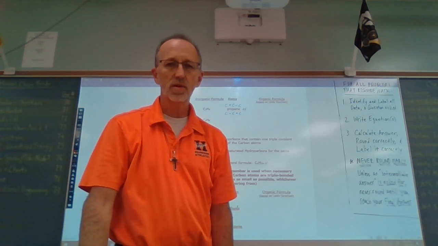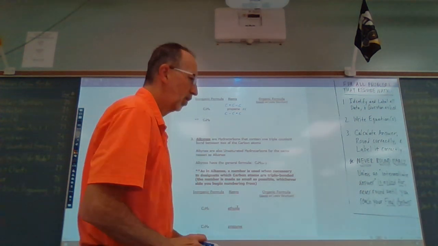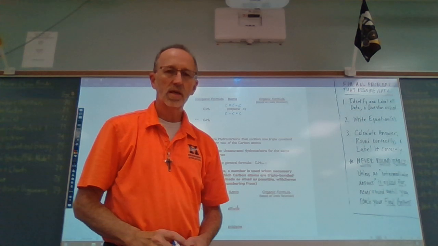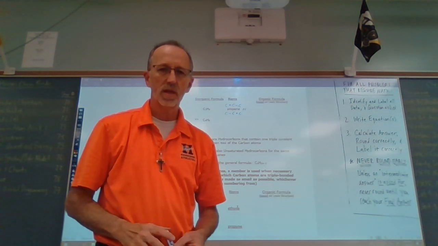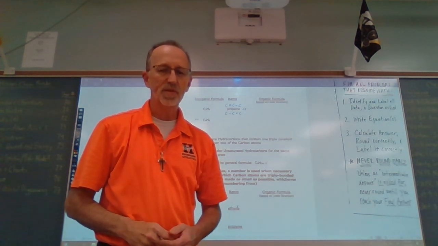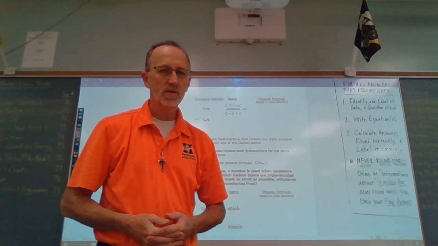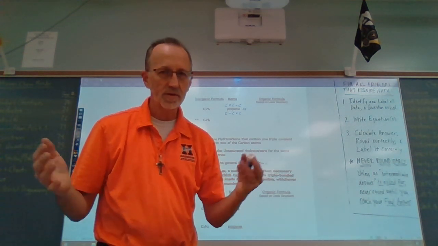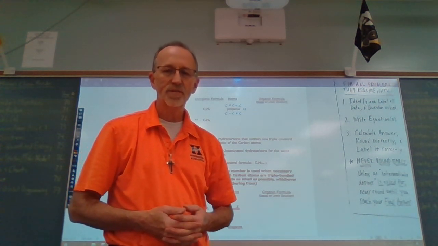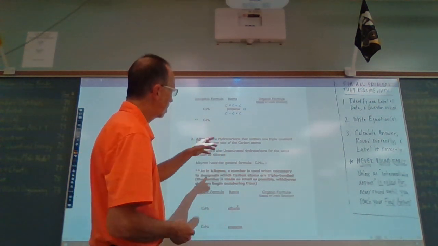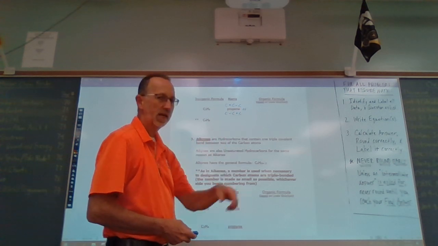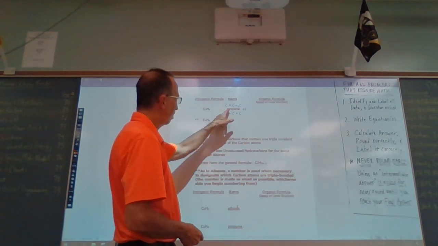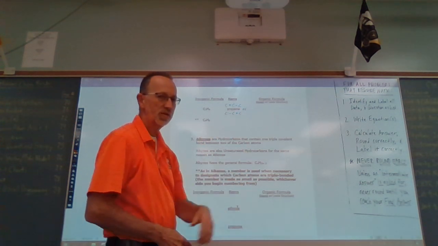Now, I mentioned earlier that we can number the carbons from either direction. We humans are very accustomed to numbering, at least in the United States, not sure about all other countries, from left to right. So if I number these carbons 1, 2, 3, then the double bond would be between carbons 1 and 2.